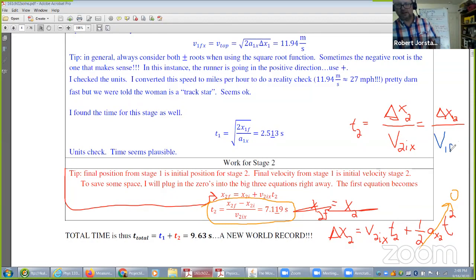The idea here is the final velocity in the x direction from stage 1 is equal to the initial velocity for stage 2.